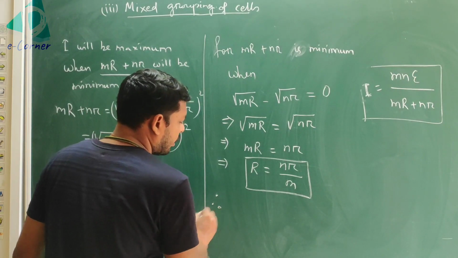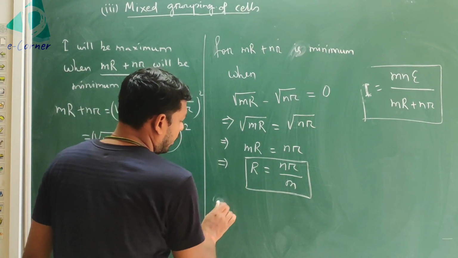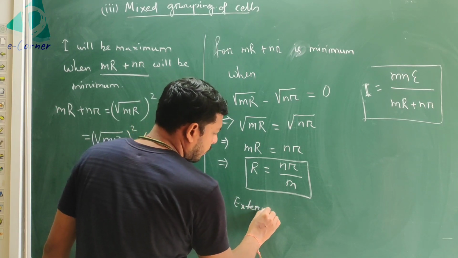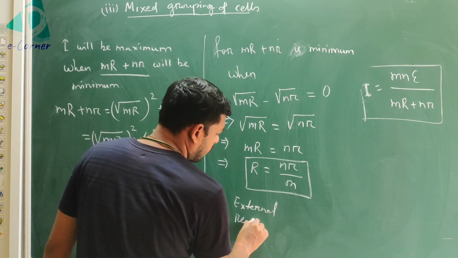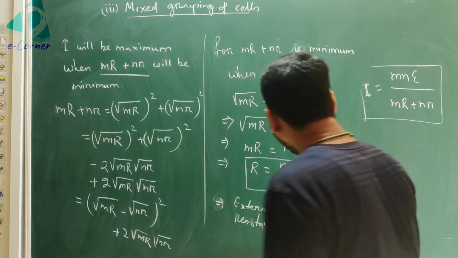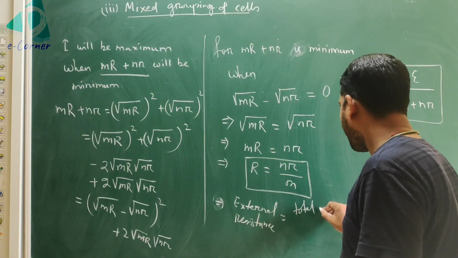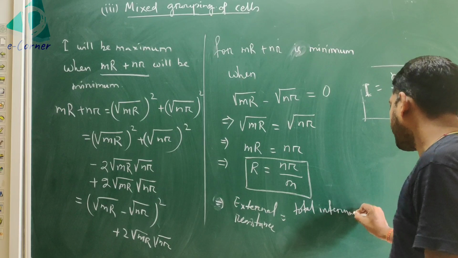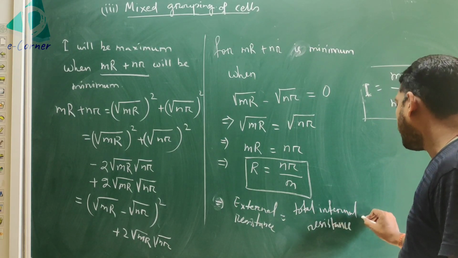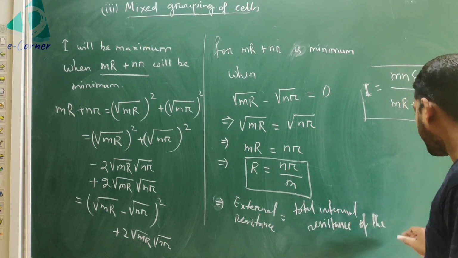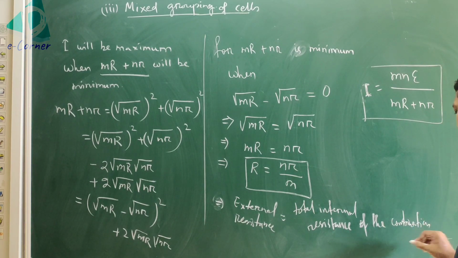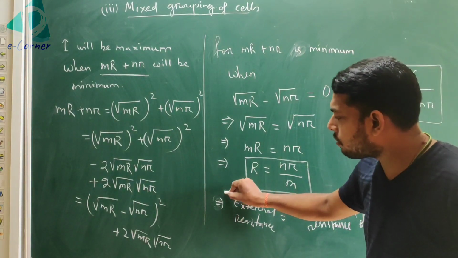So here you can say that, therefore, this implies external resistance must be equal to total internal resistance of the combination. Got it? You have to remember this one.